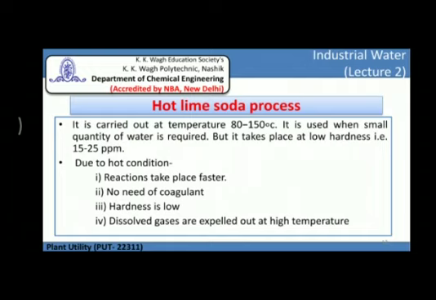Here in this hot lime soda process, we don't add any coagulant like alum which we have used in the cold lime soda process, because in the cold lime soda process we have used alum to precipitate the undissolved salts formed after the reaction, but because of high temperature the precipitate will settle easily. So in the hot lime soda process coagulant is not added, and the final hardness after the process is lower compared to the cold lime soda process, and the dissolved gases are expelled at the high temperature.